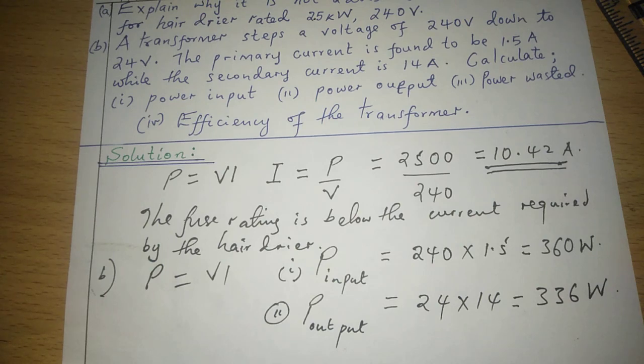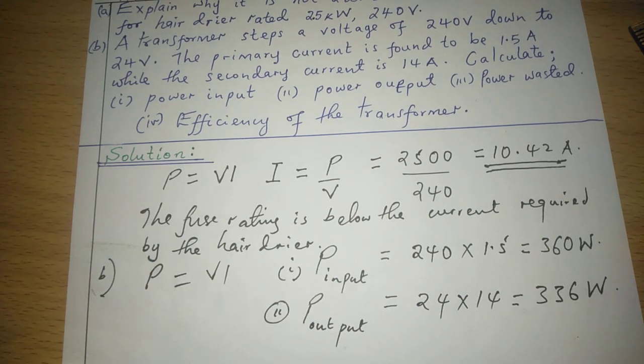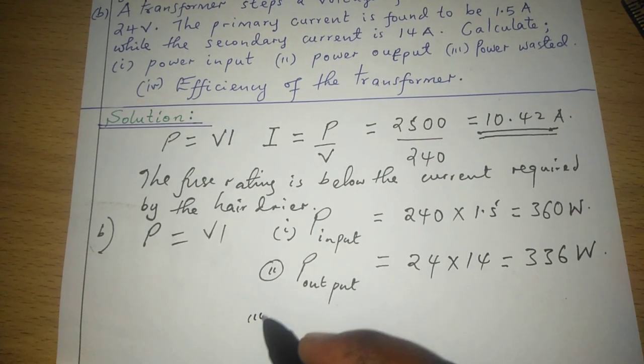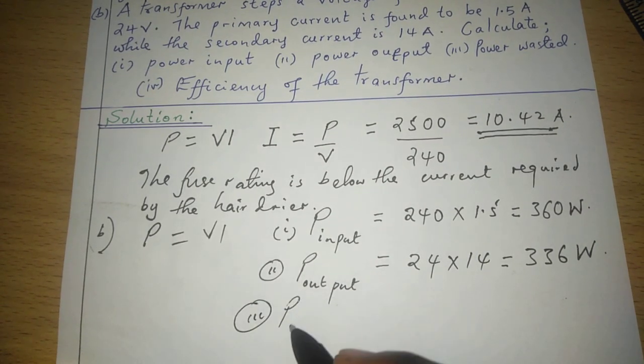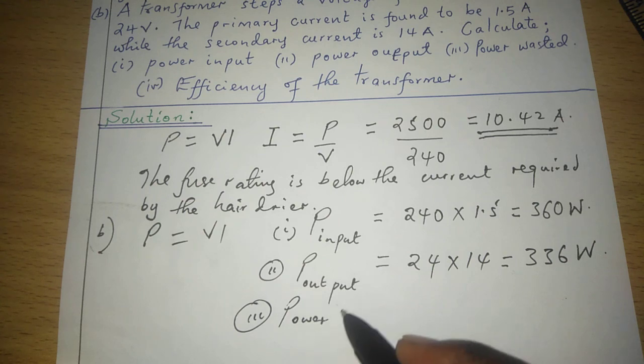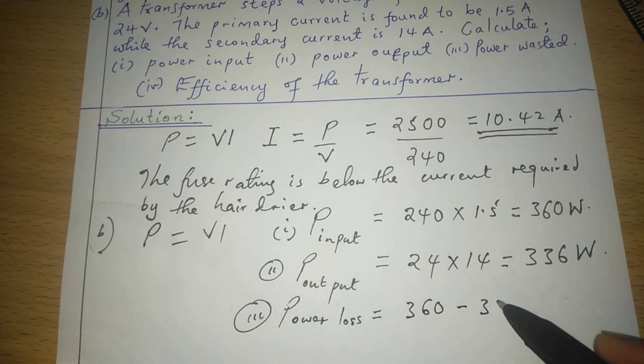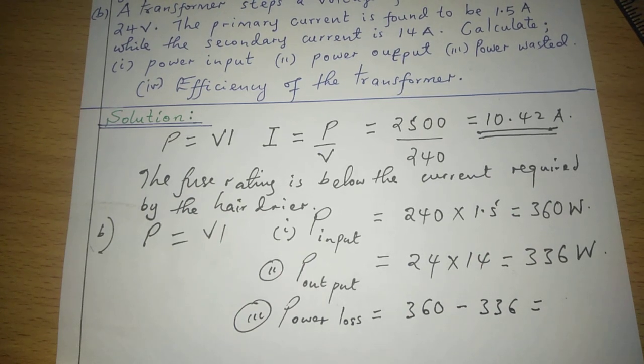So we can see the power input is greater than the power output. There is some power loss. So for part 3, we can get the power loss. The power lost is going to be 360 minus 336, and this gives us 24 watts.